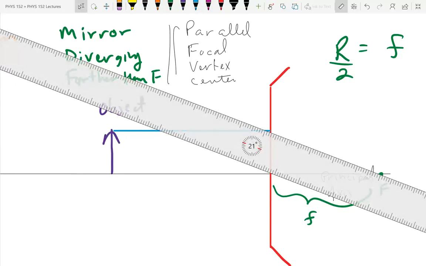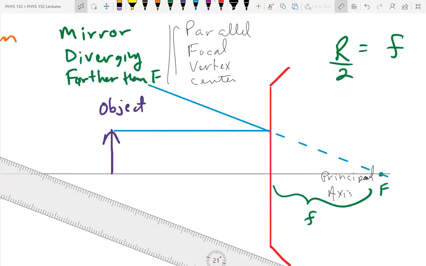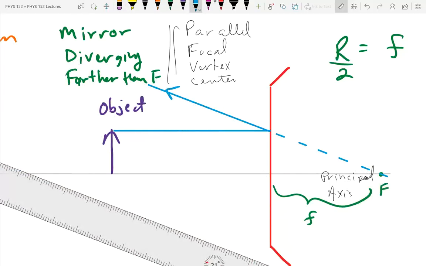So it goes to there, right? Now I'm going to draw a dashed line here because the light doesn't go through the mirror. Instead, it reflects. And so there's the light I'm getting for the parallel ray. So there the parallel ray is drawn correctly.